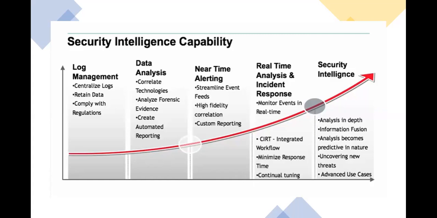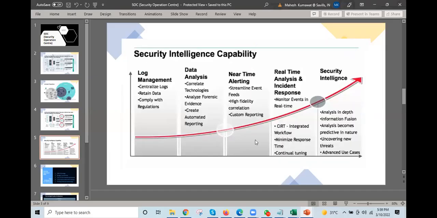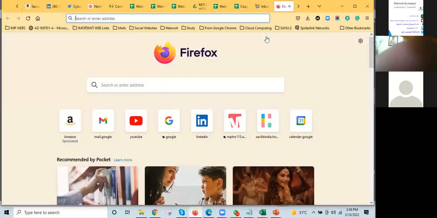Real-time analysis and incident response means monitoring events in real time. You do incident response on a real-time basis: what different types of events are coming, and how are you going to address them? In incident response planning, I'm going to provide you one thing: the cybersecurity incident response plan.